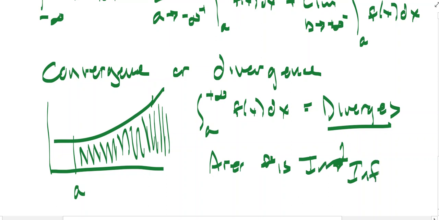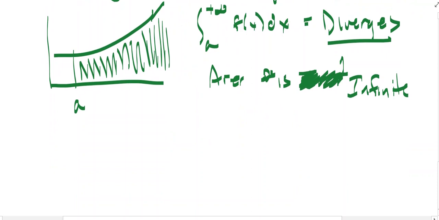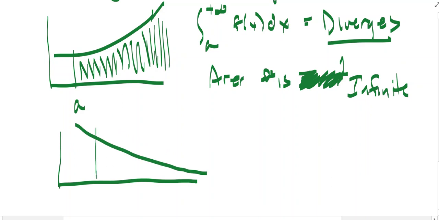The area is infinite. On the other hand, we could have a graph that also has a lower bound a, but no upper bound. In other words, we have a lower bound a, and the upper bound is infinity once again.